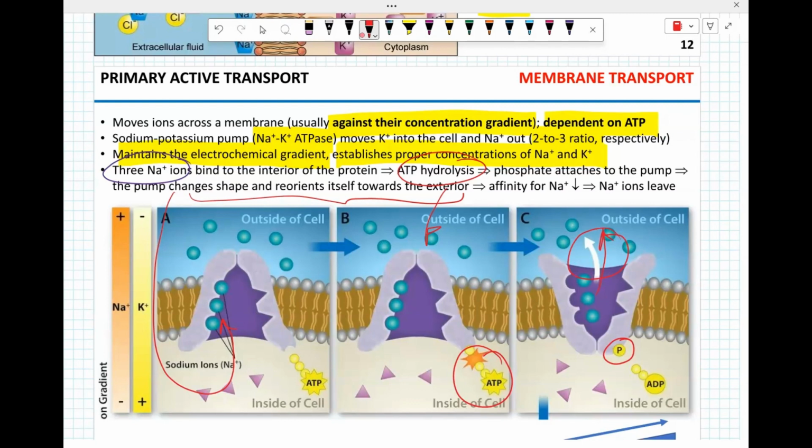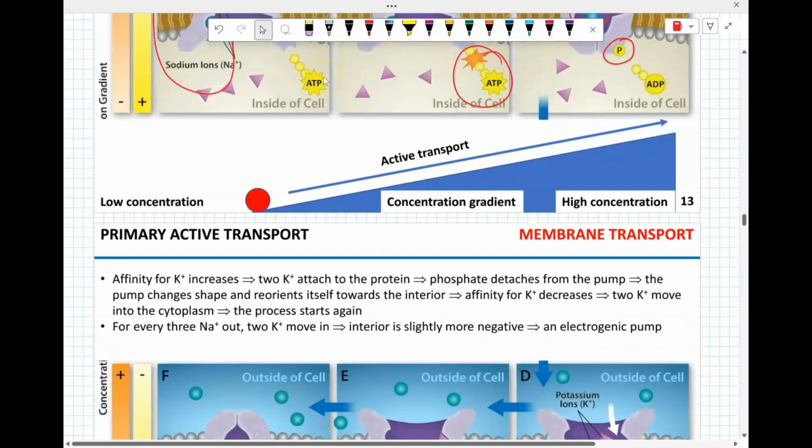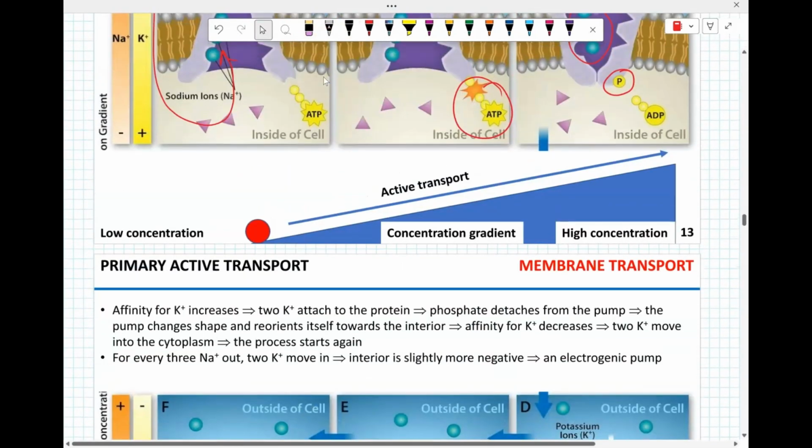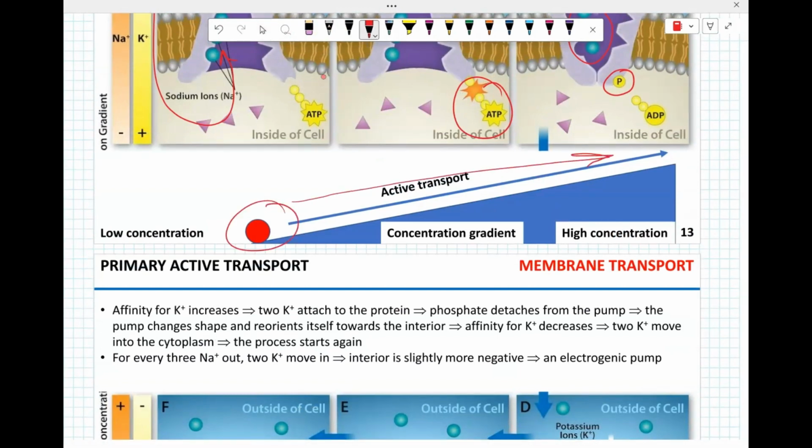When this shape change occurs, the affinity, the ability to bind sodium ions, for this pump decreases, so sodium ions can now leave the pump. So here you can see the illustration of sodium ions being transported against the concentration gradient with the use of ATP.